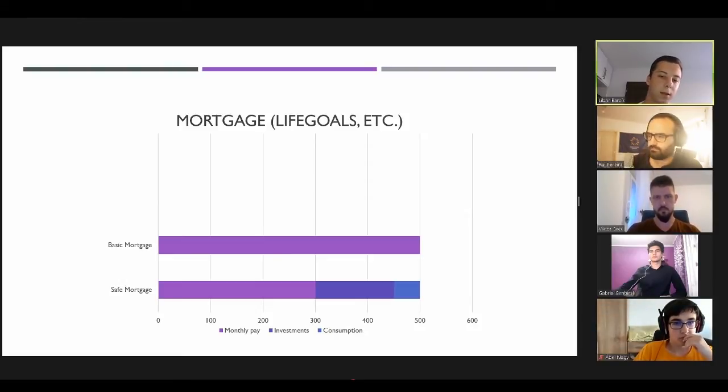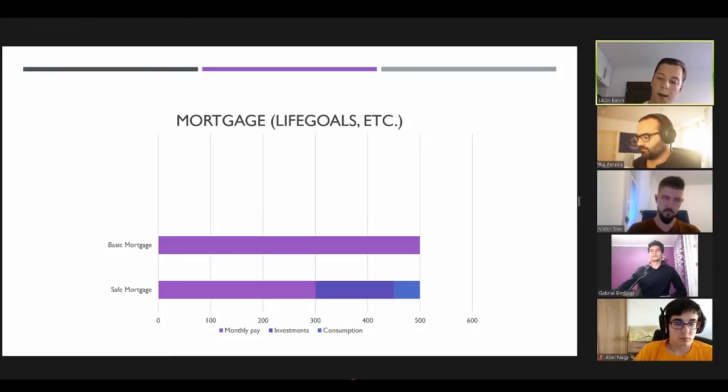That means that you will set the mortgage for 30 years and you will pay just €300 per month. As you can see, that's the purple part of the graph. And then you can decide what you will do with the rest. The ideal scenario is, of course, to spend the whole 200 on investments.